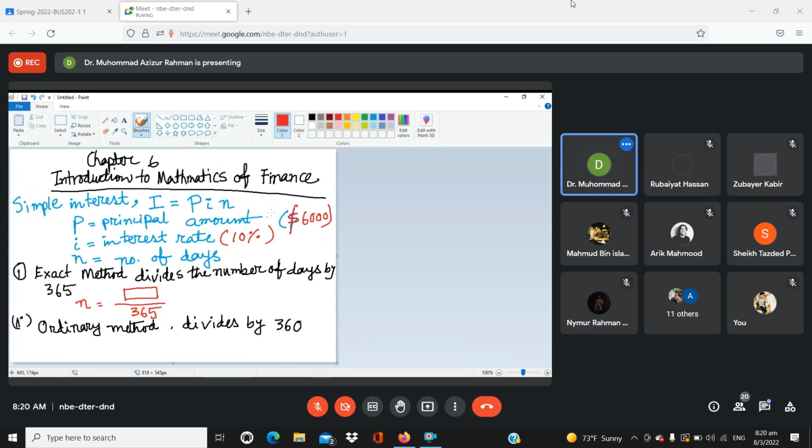So in that case, n equals to actually your days divided by 360. So this is the formula we need to use.